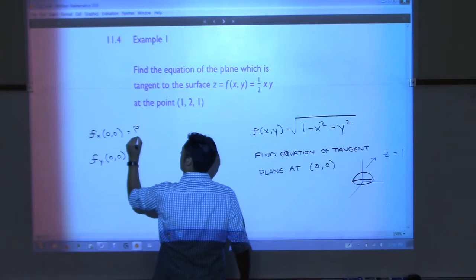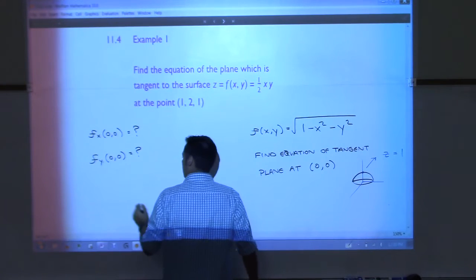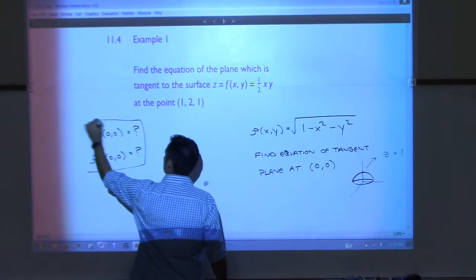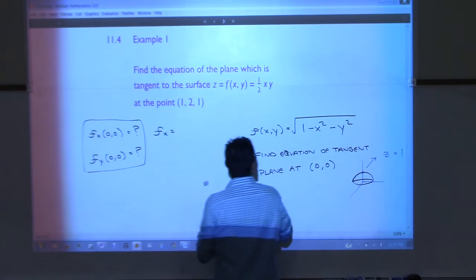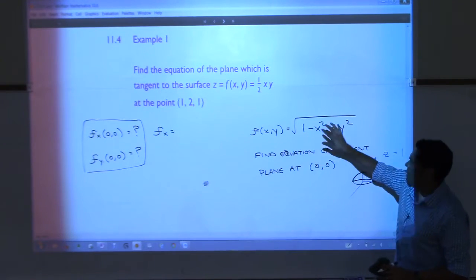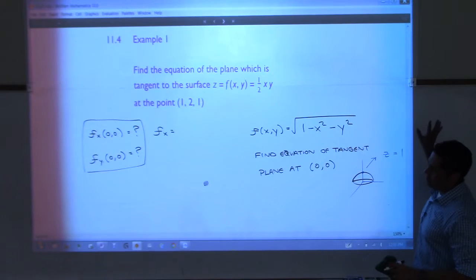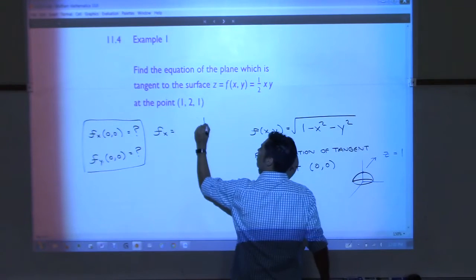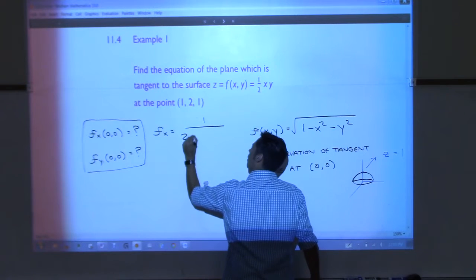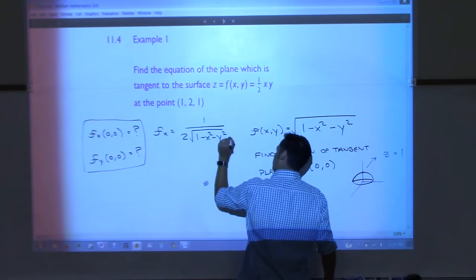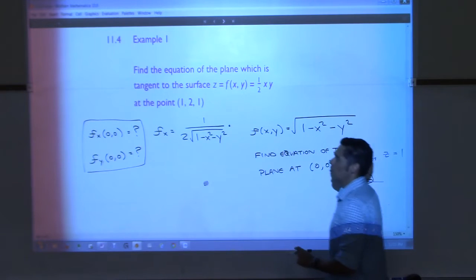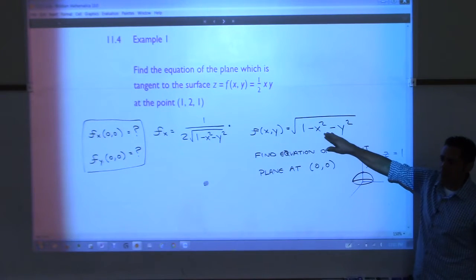Oh yeah, I'm going to need the chain rule. So that's what I'm going to need. Let me go ahead and do my partial with respect to x first. So what is the derivative of the square root of anything? 1 over 2 square roots of that stuff, right? Times the chain rule. The derivative of what's in here with respect to x.